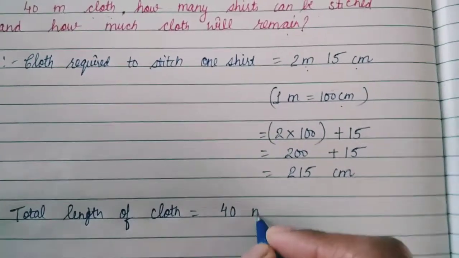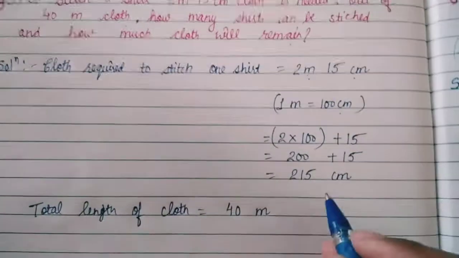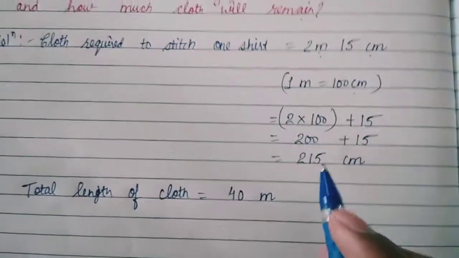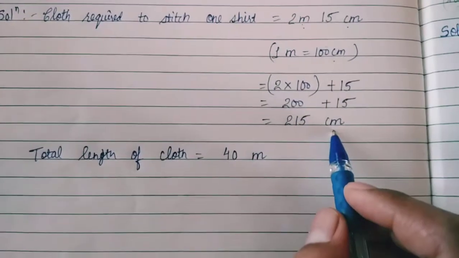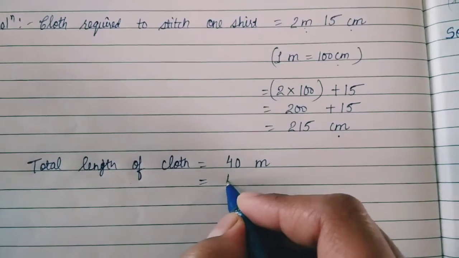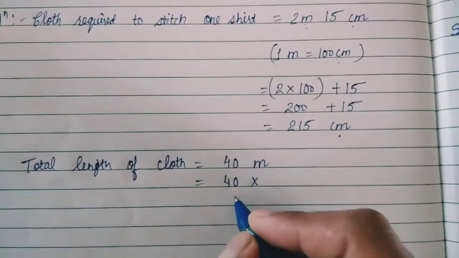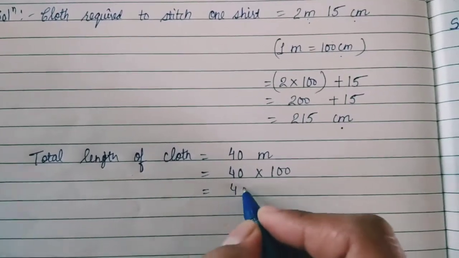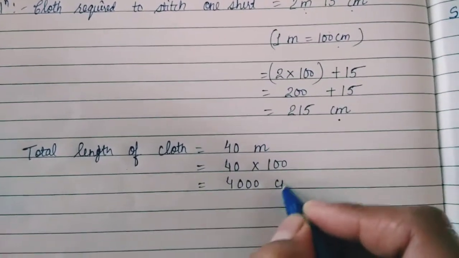Here we have 40 meter. Now one thing, the length required to stitch one shirt we converted into centimeter. So this 40 meter we will also convert into centimeter. So 40 multiplied by 100 gives us 4000 centimeter.